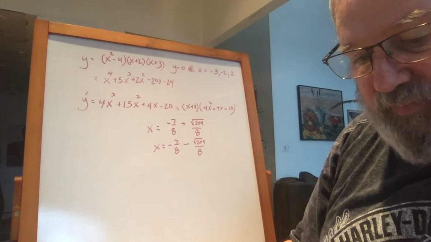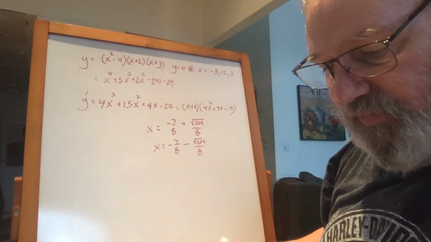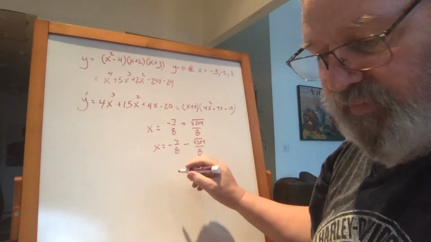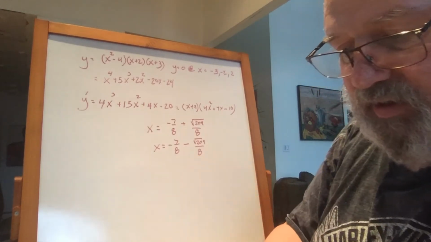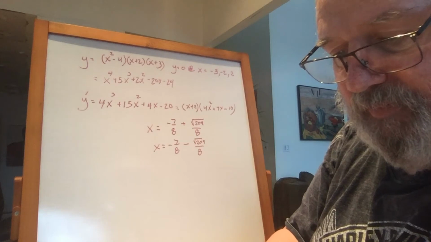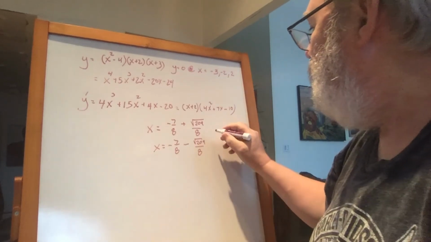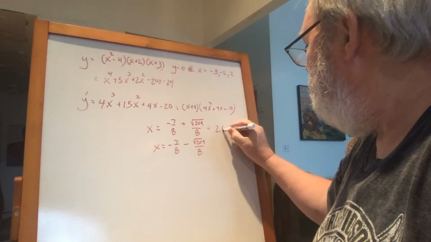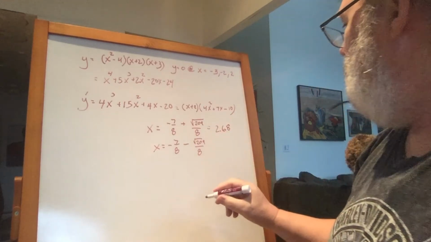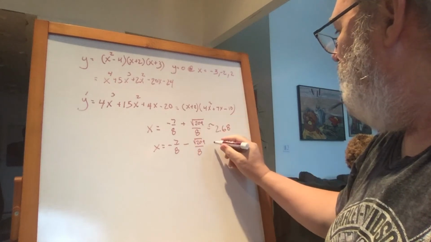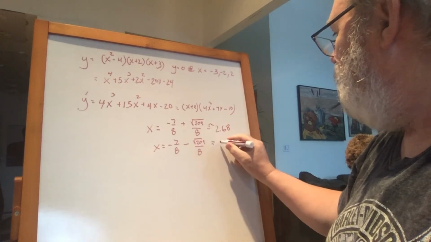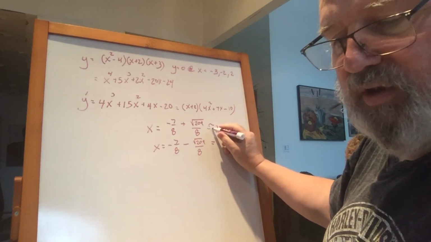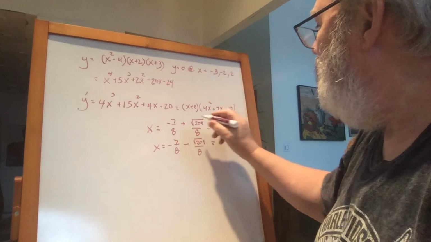Okay, so I think the way I worked it out was we had this equal to 2.68 approximately, and this was approximately this.